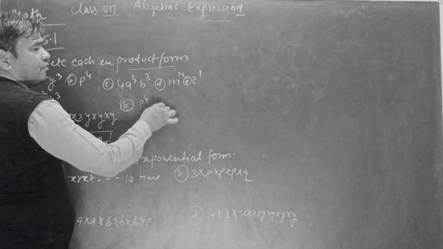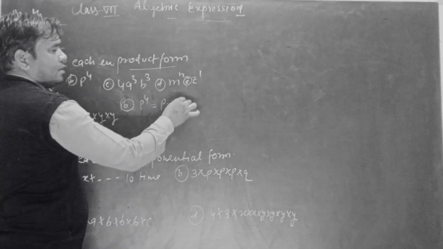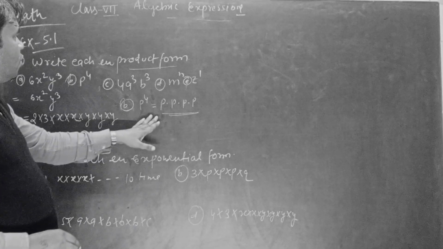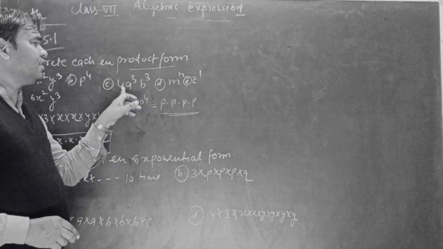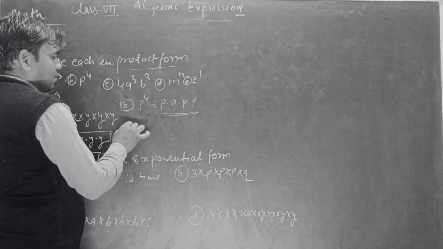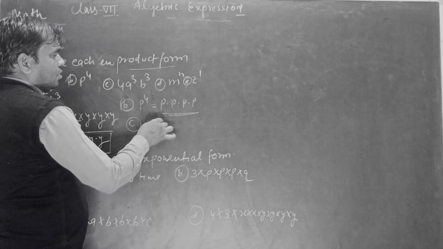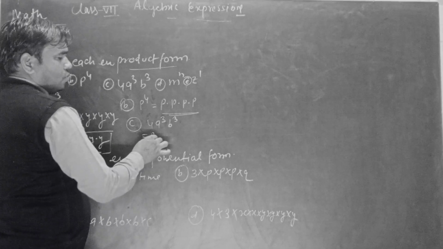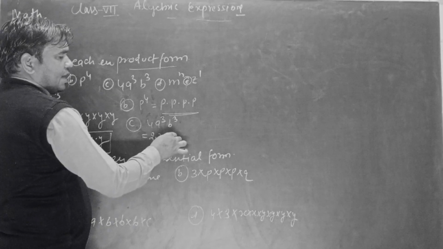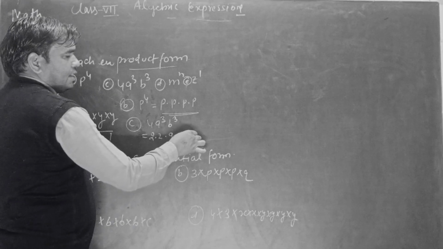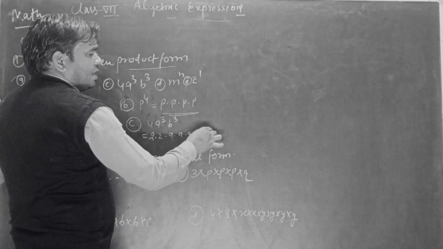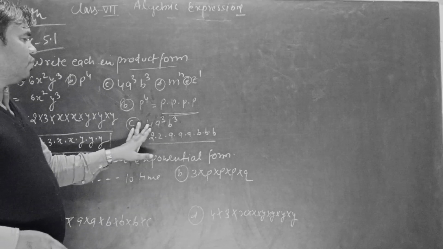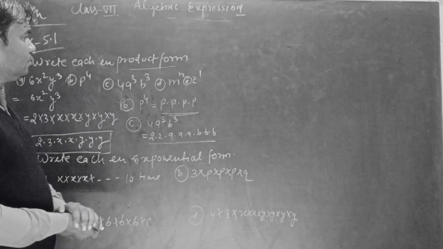We can write this p dot p dot p dot p. So this is product form. Same way, for the C part, 4a cube b cube, it means 4 dot a dot a dot a dot b dot b dot b. So this is the product form of 4a cube b cube.